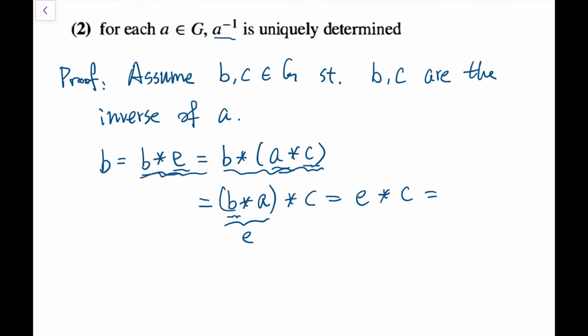And this is just C itself because E is the identity. Now we can see from B we get C, so B equals C, and this shows there is only one inverse of the element A, so we prove that the inverse is unique.